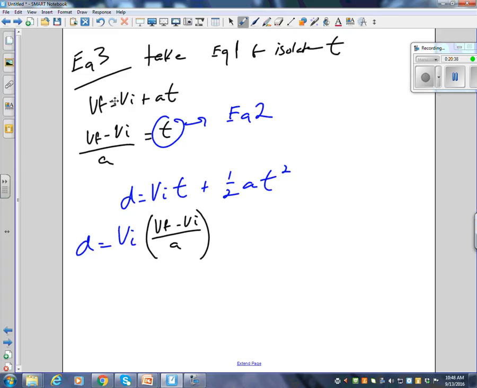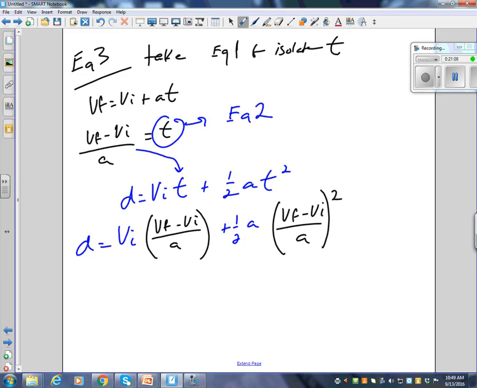This right here, which is equal to T, is going in right here. And now I have to do it again over here, and this time it's squared, just to make it fun. 1/2 A, and T squared becomes VF minus VI all over A squared.